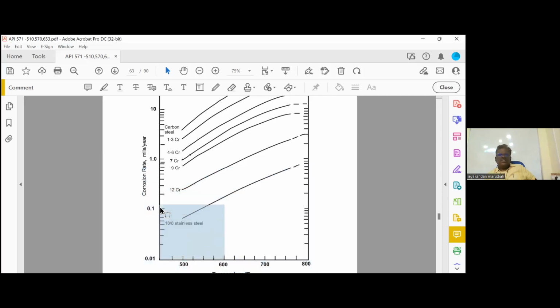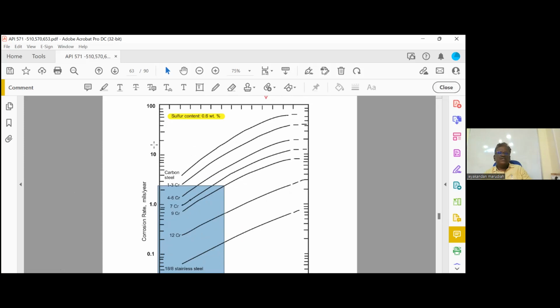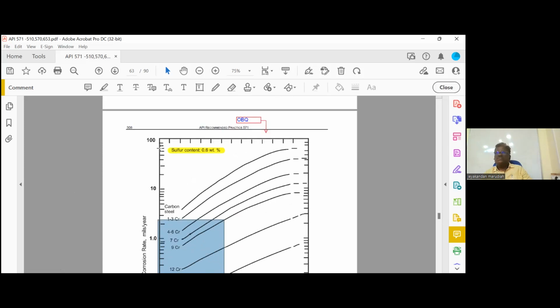So 600 degrees, 9 chromium, for example. Where it is coming, it is 1, 2, 3, 4 like this. So between 2 and 3, it is 2.5 mils per year. You can see it is mils per year, not a uniform scale: 0.01 here, then 0.1, 0.2, 0.3, 1, 2, 3, 10, 20, 30, 100 like this.